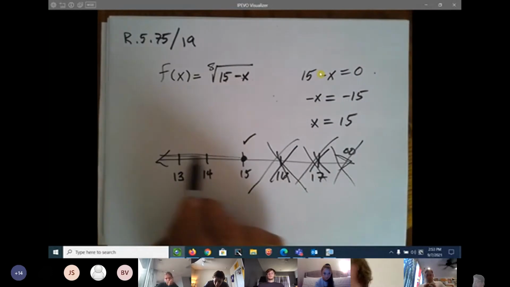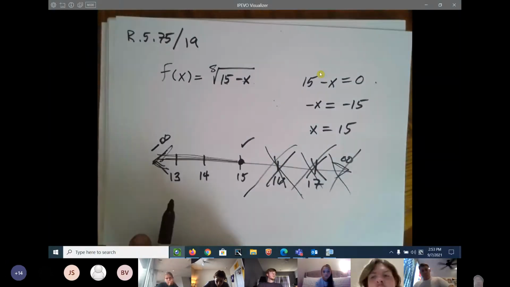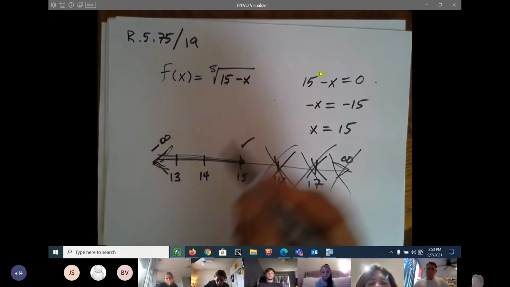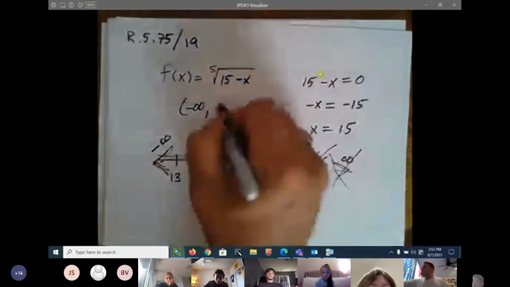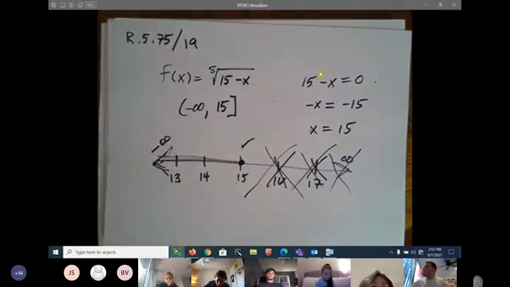So what is the domain of this function? Which way do we read? Left to right? So it's negative infinity to what? 15 bracket. 15. There you go. And that's your domain.